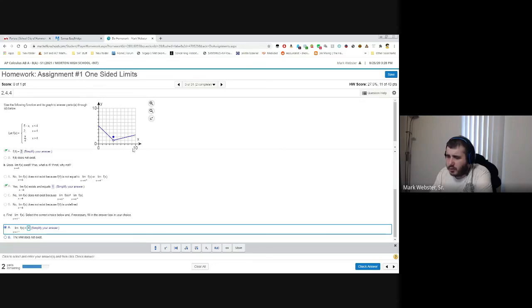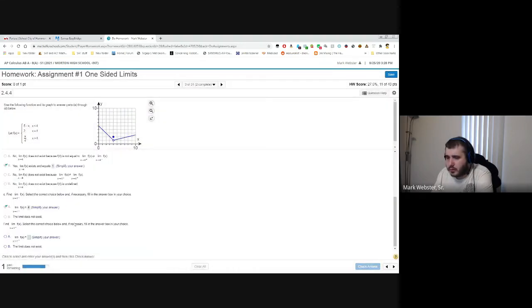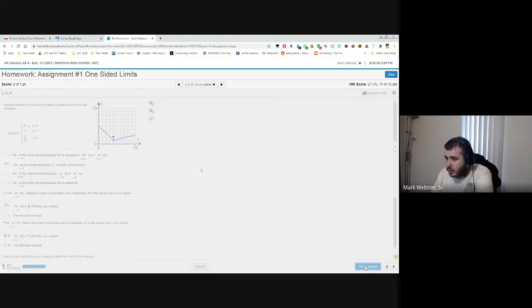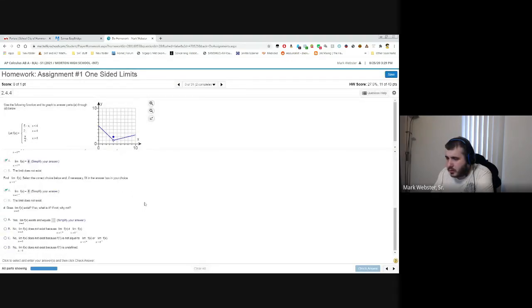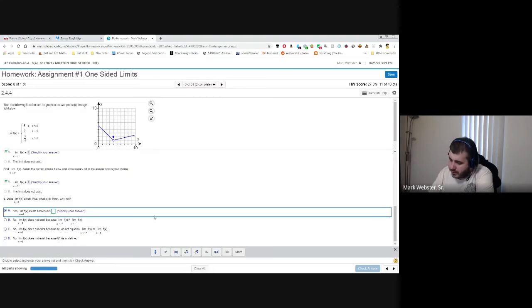We're looking at a graph and we're putting our finger where it goes, and that's all we have to do. What about the other way? Still 4, right? And the limit does exist because the left and the right hand match. We end up with 4, just like we've been doing.